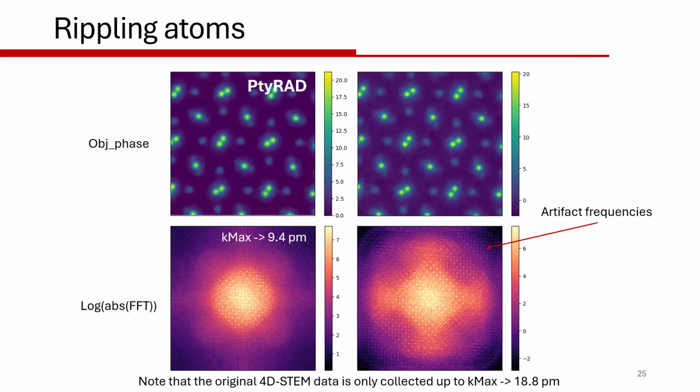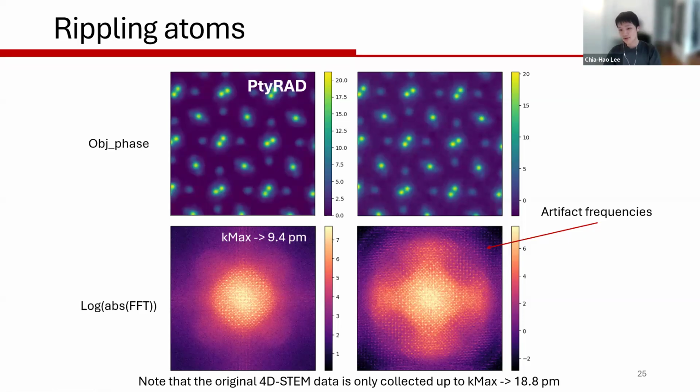You can try this yourself: take an atomic potential as the ground truth of your object, which is extremely sharp, almost like a delta function, and run through a diffraction pattern collected up to a certain Kmax. With a certain number of iterations, you're going to see the ground truth blur to the spatial resolution matching the bandwidth-limited spatial frequency, because that's the part that's fundamentally limited.